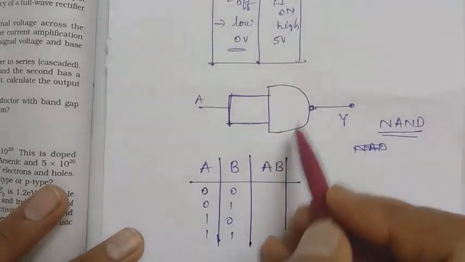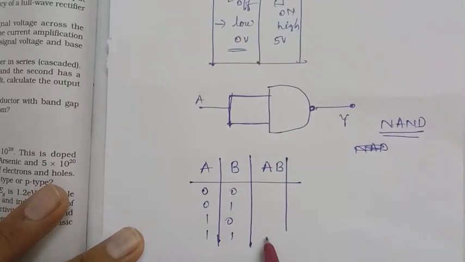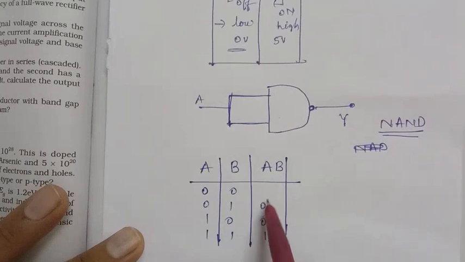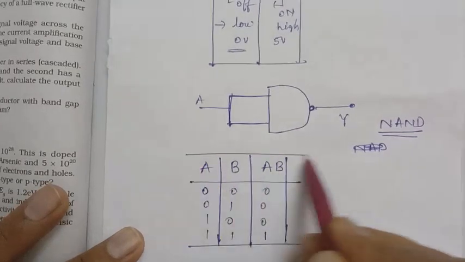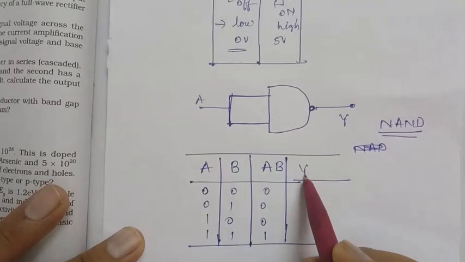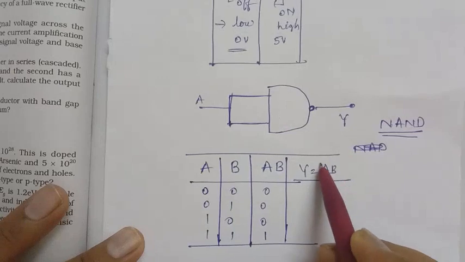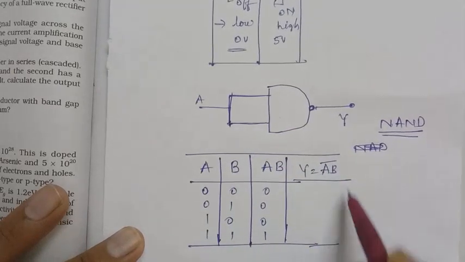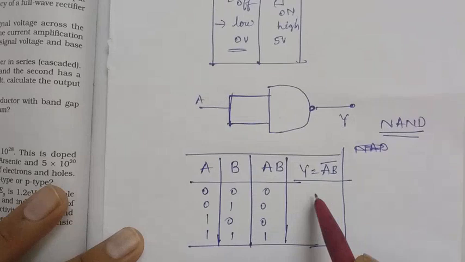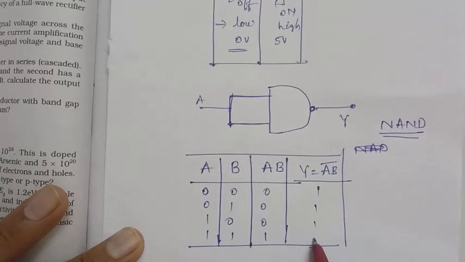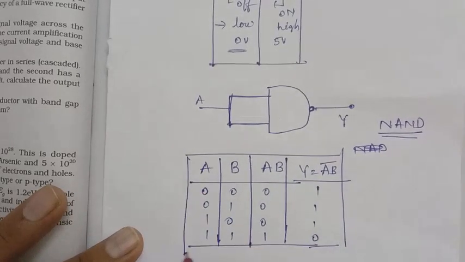So in AND gate, if two inputs are high, then output is high, remaining all are low. It is AND gate. NAND gate means 1 1 1 0.